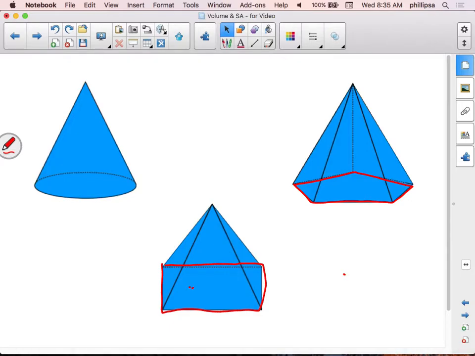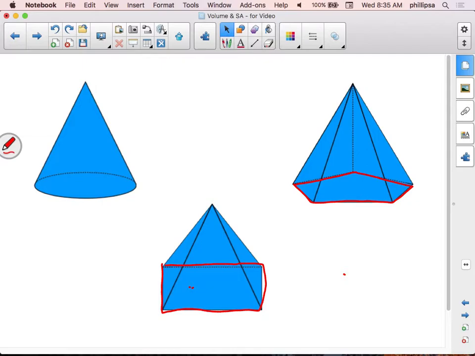Okay, your triangular pyramid is going to be 1/3 of a triangular prism. And then of course your rectangular pyramid is 1/3 of a rectangular prism.